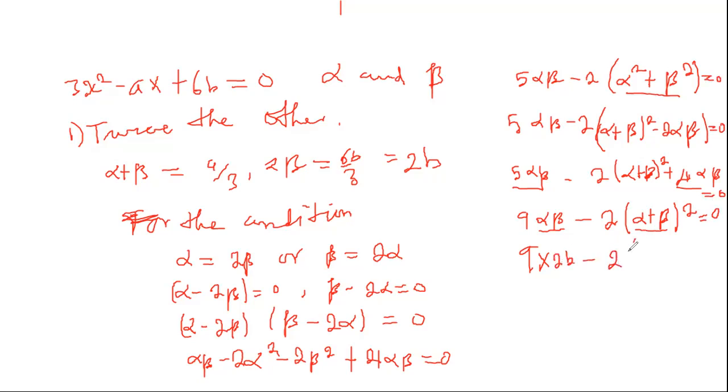So 9 times 2b is 18b, minus 2 into a over 3 squared, which is a squared divided by 9, and we put this equal to 0.